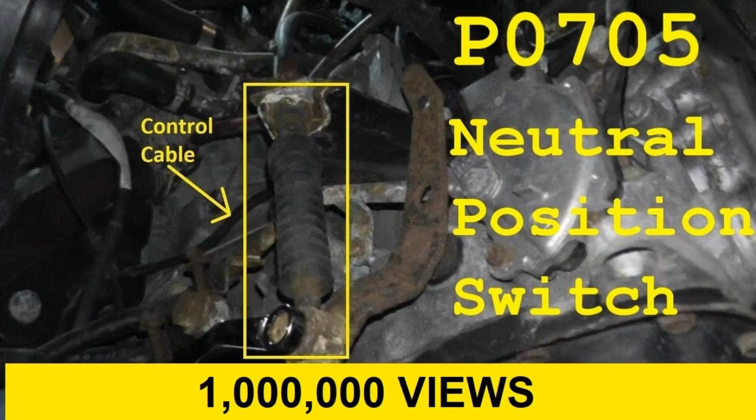Malfunction symptoms. The main P0705 fault symptom for the driver is the illuminated MIL, malfunction indicator light. This is also referred to as check engine or simply check engine light. It can also manifest as the check engine control lamp on the instrument panel will light up. The code will be stored as a fault. The reversing light may not be illuminated. In some cases, the engine will only start in neutral.